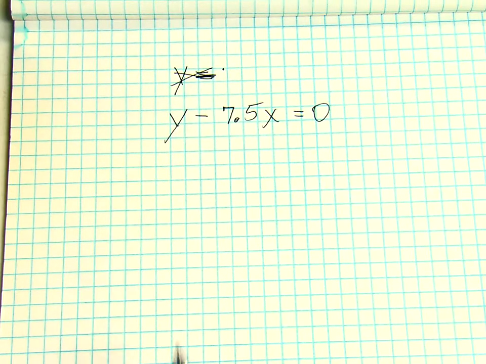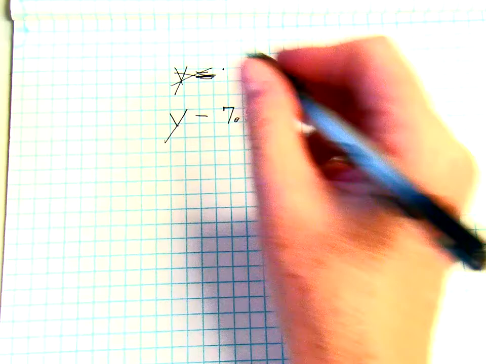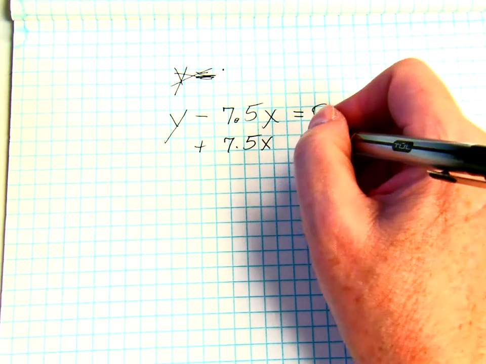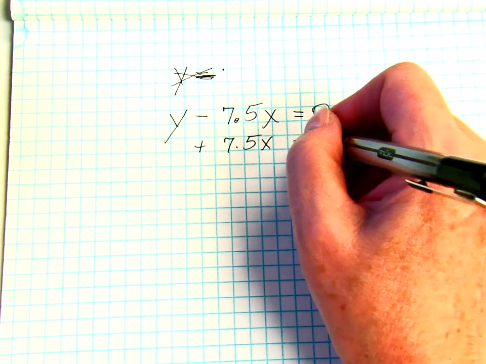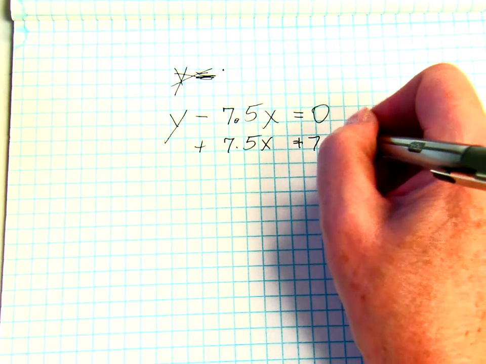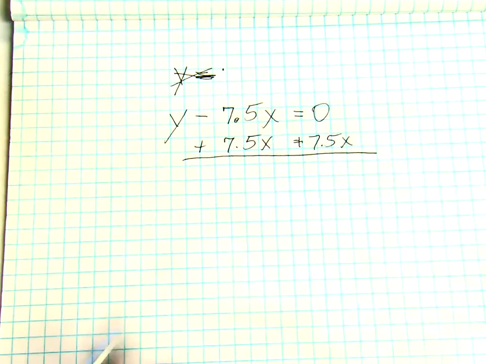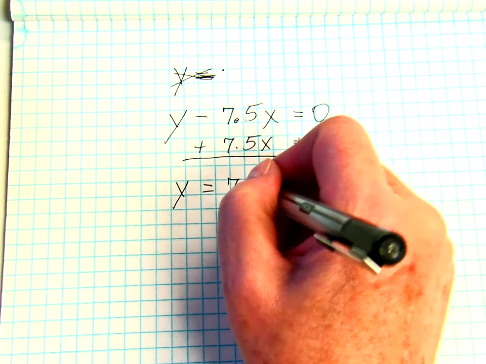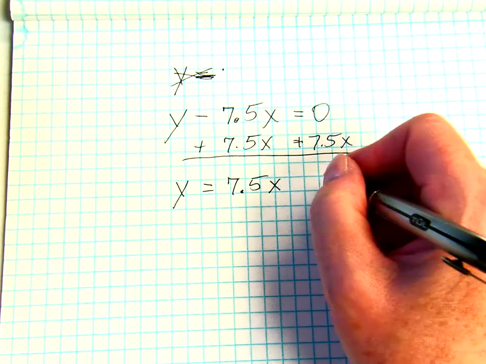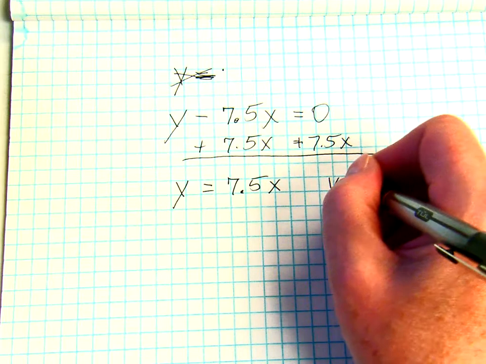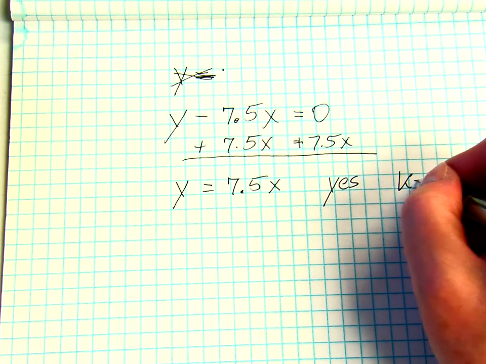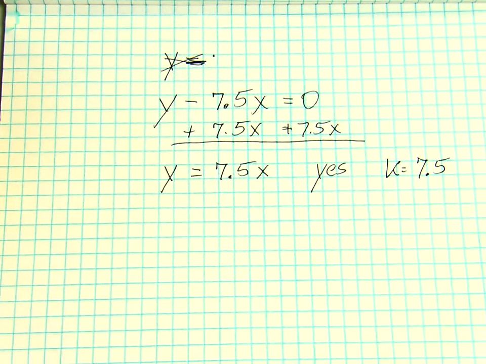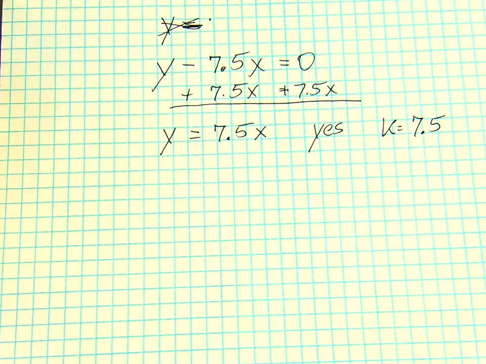I move my 7.5x away from my y by adding 7.5x to both sides. Now I have y equal to 7.5x. This is a direct variation, and k is 7.5, my constant. So it always follows the same form.